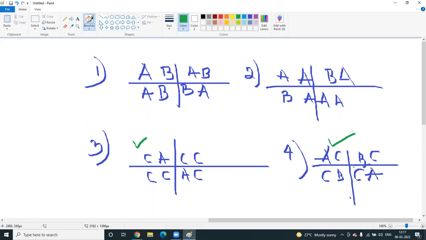Both these two are correct. What is it? This is CC, correct? CC. A, C. This BA is not correct. AB not correct.